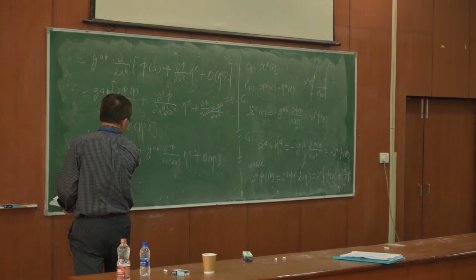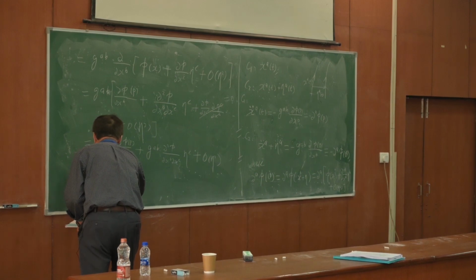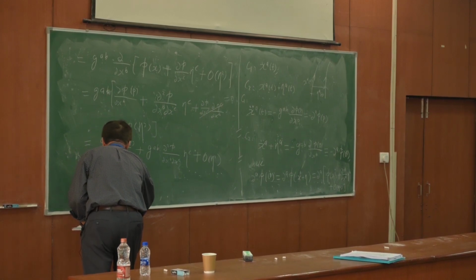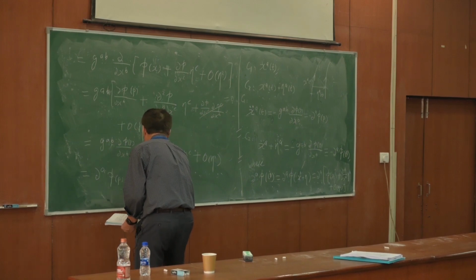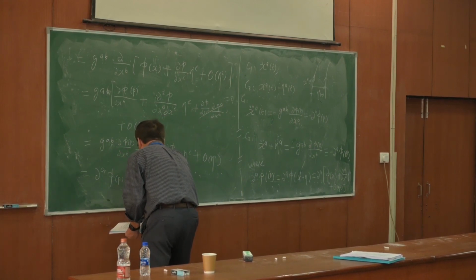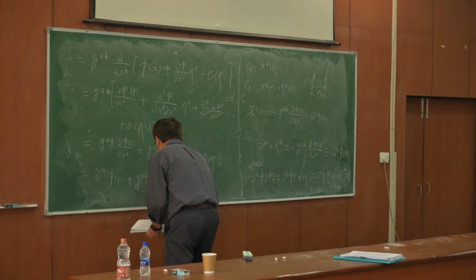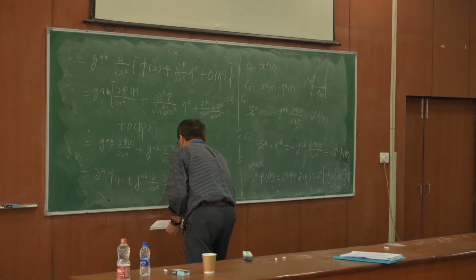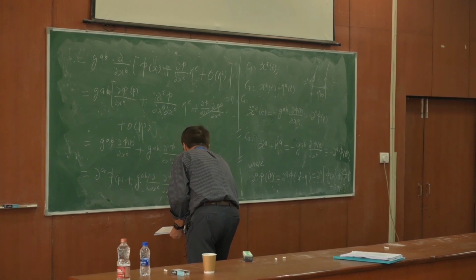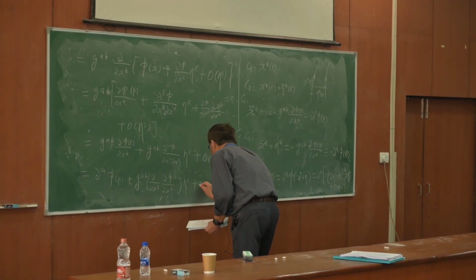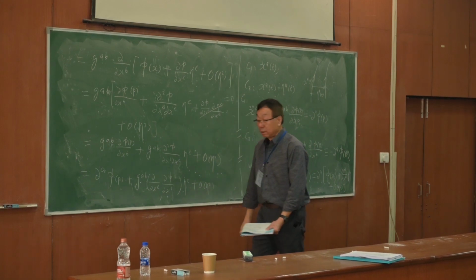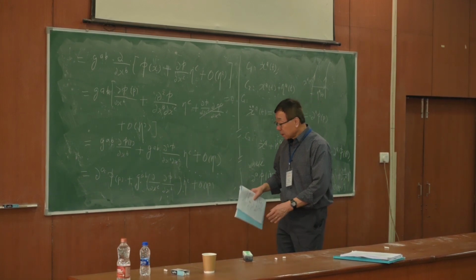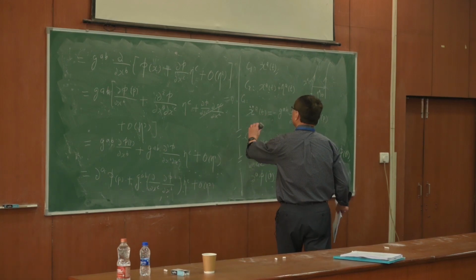This is dA phi at P plus GAB, I write this d dx c d dx d phi eta c plus higher order in eta squared. Right? The reason why I do so is the following.